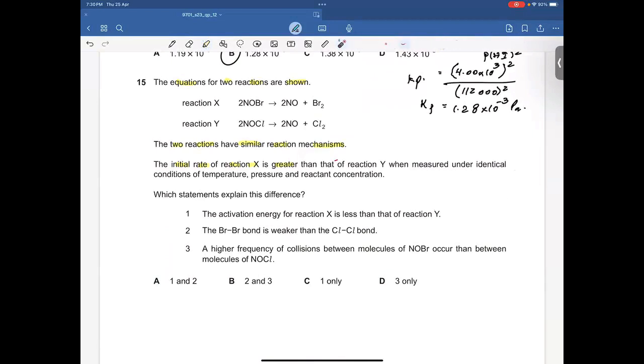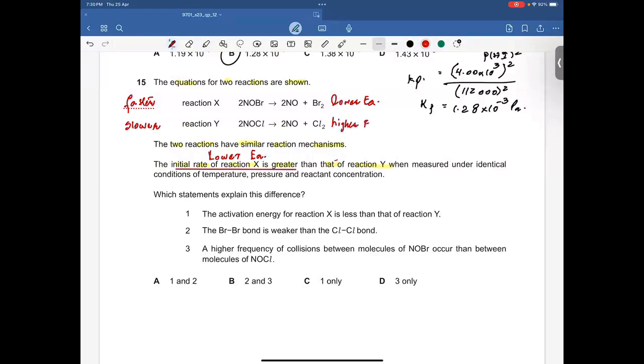If X has a higher rate, then it means it has lower activation energy, which means it is faster since it has lower activation energy than reaction Y, which is slower. If it is slower, then it means it has higher activation energy.